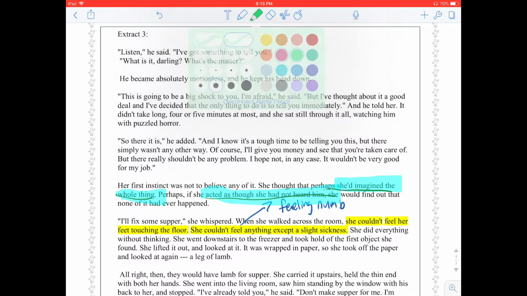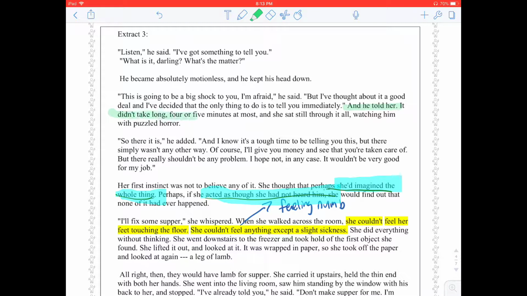Did the author actually tell us exactly what her husband said? No. And this creates again tension and suspense, because you're leaving the reader to imagine what exactly the husband told her.